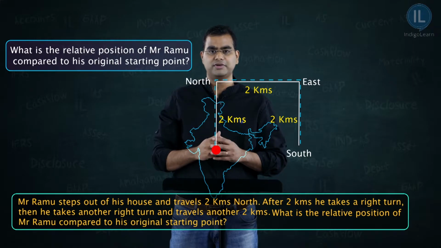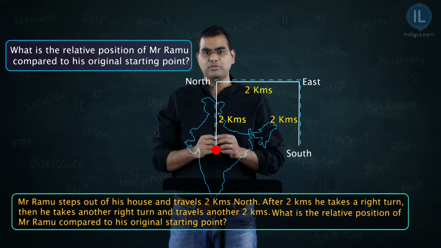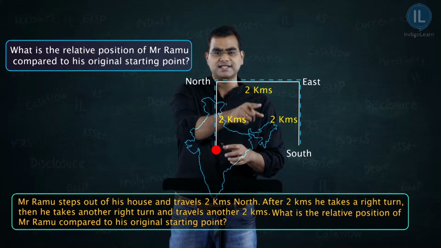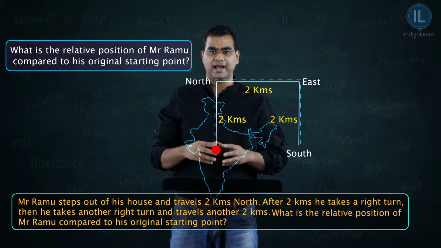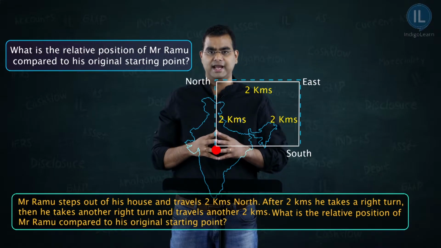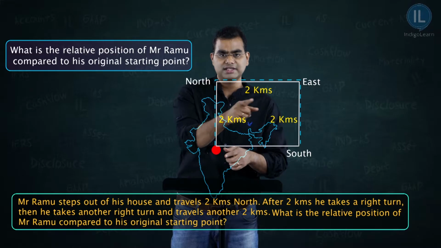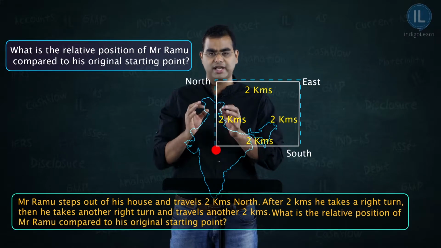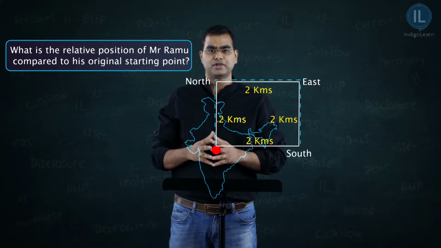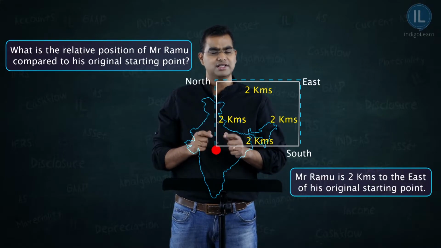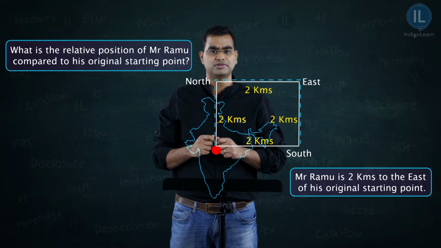But what is the distance between his current position and the starting point? It's actually 2 kilometers. How? See, these three sides look like three sides of a square and this obviously is the fourth side. What is the distance between any two adjacent corners in a square? It is equal. So this distance is 2 kilometers. So the correct answer to this problem is Mr. Ramu is 2 kilometers to the east of his original starting point. See how simple it is to solve this kind of problem.